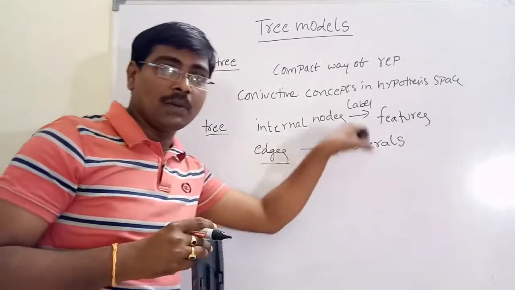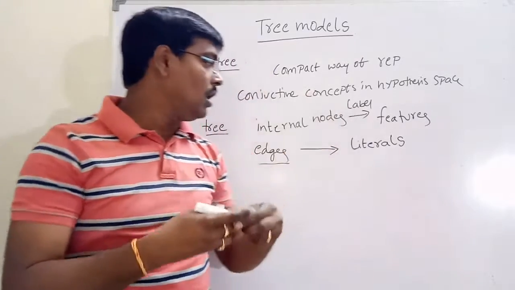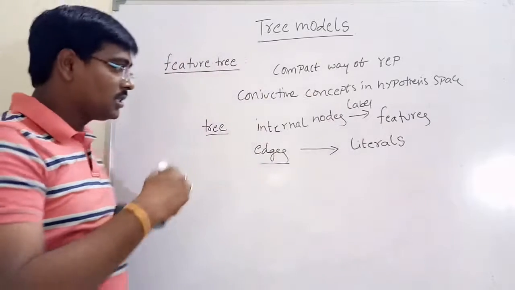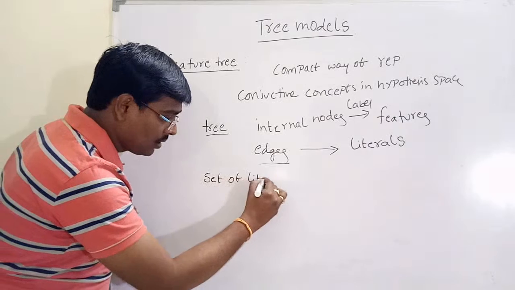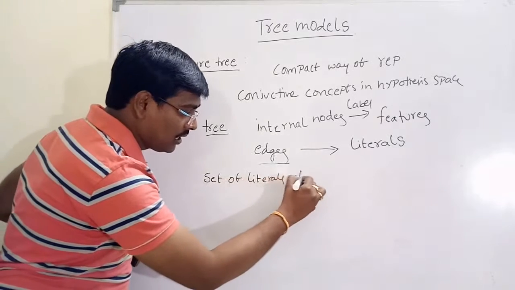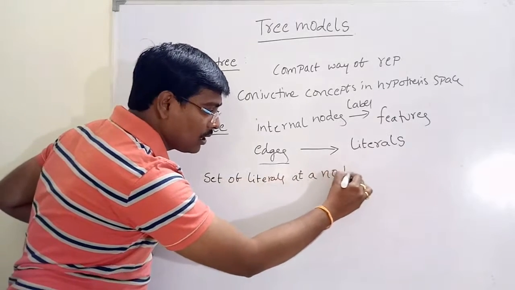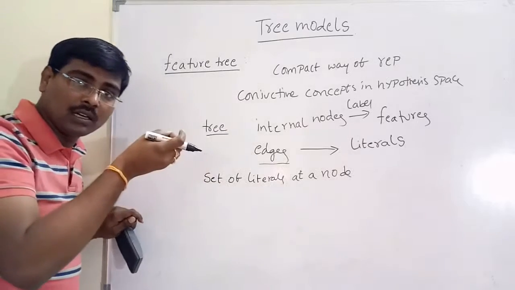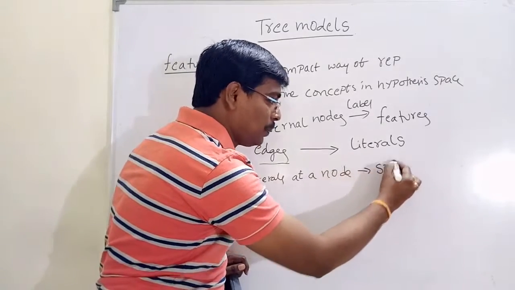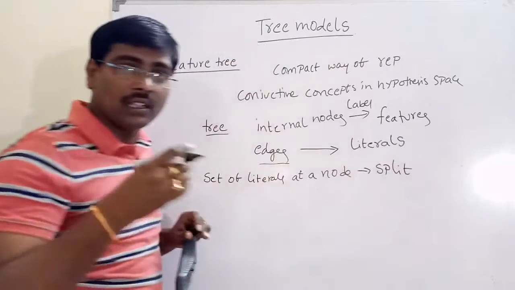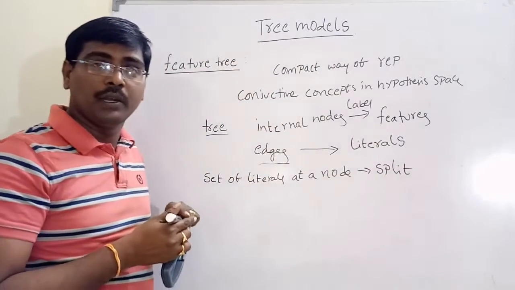The edges coming from one node to another node are labeled with literals. Suppose all the literals that come at a particular node is called a split. That is, at that node we are performing a split operation.